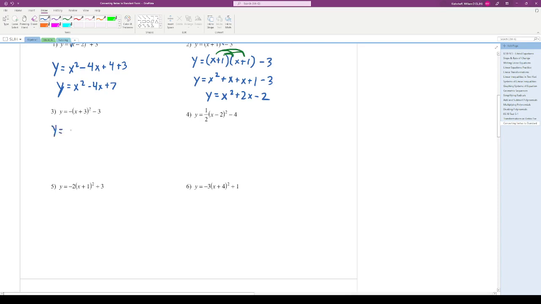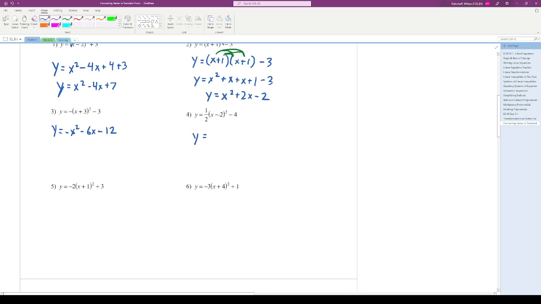So this is y equals, we have x squared plus 6x plus 9, but then we distribute the negative, so they're all negative. And then we have minus 9 and minus 3 more, so that'll be minus 12. Number 4, we have x squared minus 4x plus 4 is what we get by distributing or whatever.